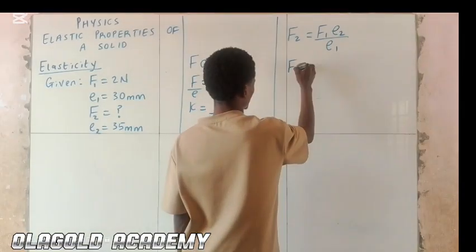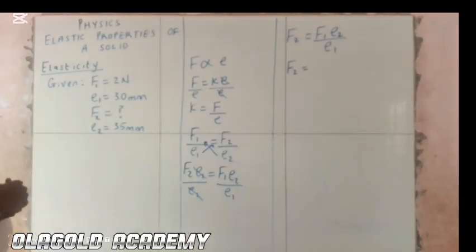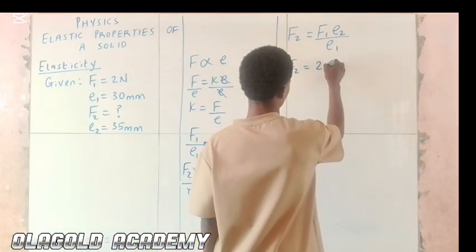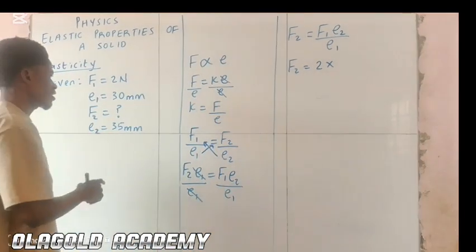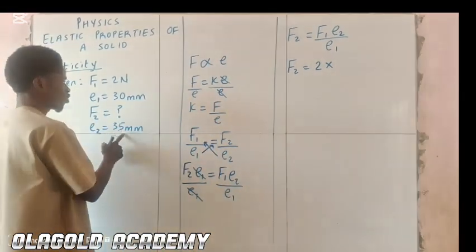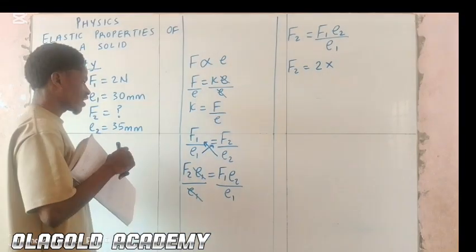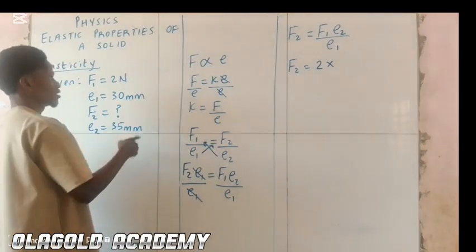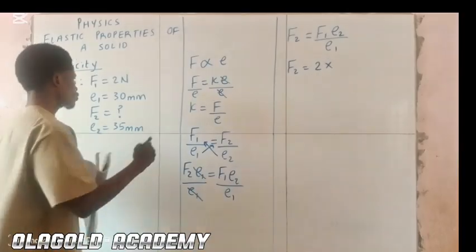So we have F2 equal to, now let's begin with our parameters. My F1 is 2 Newton, so I have 2 multiplied by my E2. Remember, there is conversion here, but since they have the same units, there is no need for conversion. But let's just convert to meters.